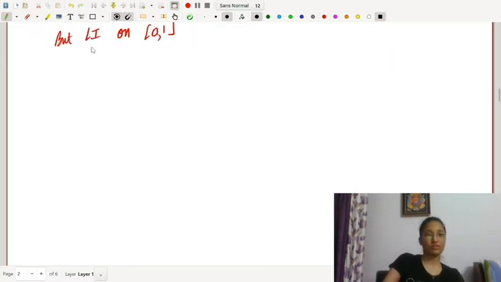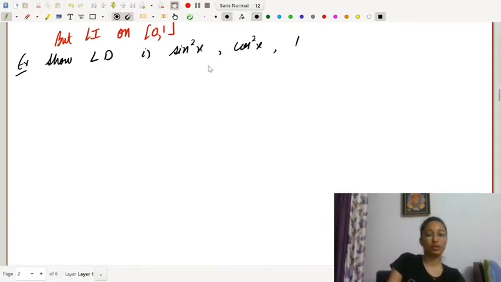Now some of the exercises. Show the following functions are linearly dependent: sine square x, cos square x, and 1. We know the identity. So by the help of it, 1 times sine square x plus 1 times cos square x plus minus 1 into 1 is equal to 0.